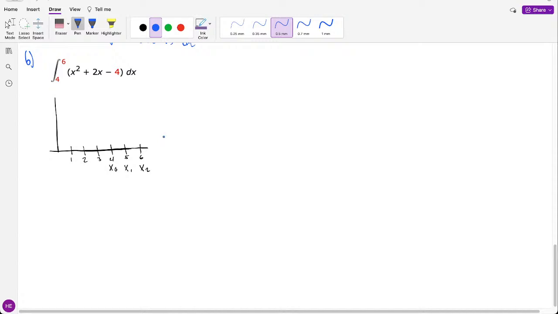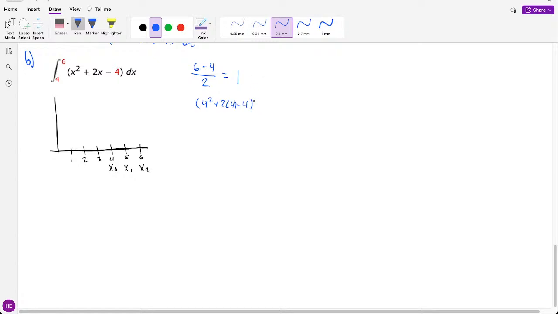Let's see. Well, we have 6 minus 4 divided by 2 because there's 2 sections, and that's just going to equal 1, right? So we don't even need to think about that part. So we'll just start plugging things in. 4 squared plus 2 times 4 minus 4.